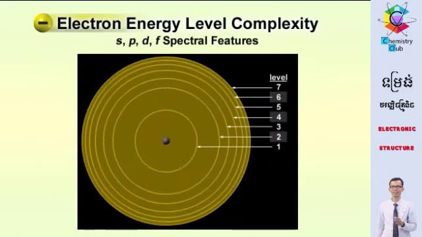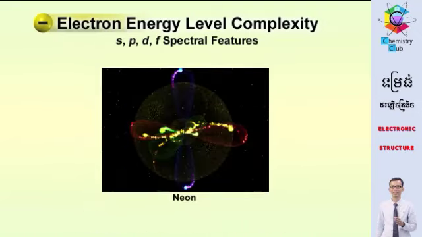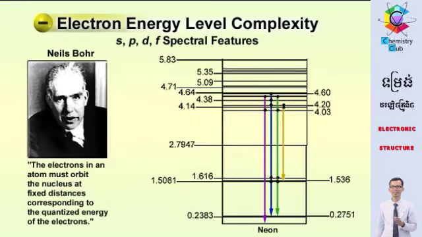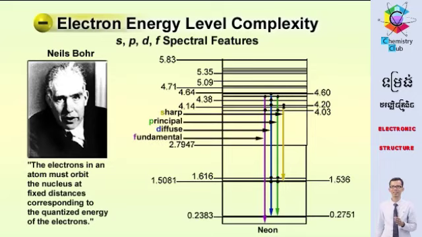The different spectral features implied that the 7 different energy levels proposed in the Bohr model showed variations; electrons appeared to be able to travel around the nucleus in more than just 7 distinct levels. Thus arose a need for a more complete theory that explained the sharp, principal, diffuse, and fundamental series of spectral features.